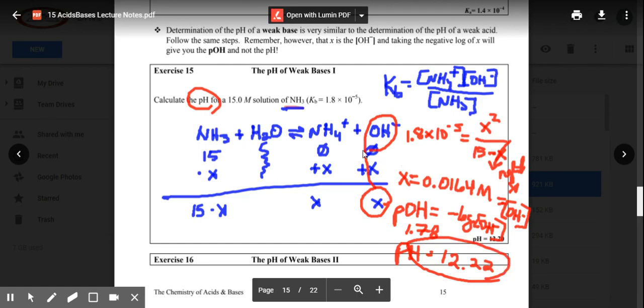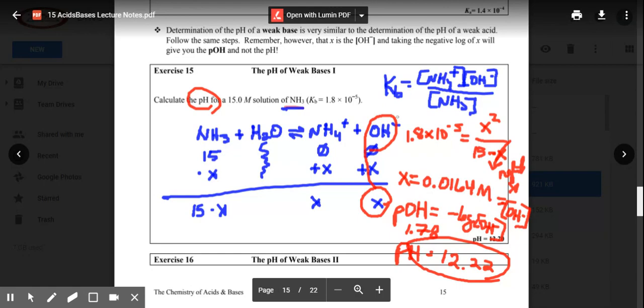And that is the pH of our weak base if it's 15 molar NH3. So that's how we figure out the pH of weak bases. We just have to do an extra step because it's OHs we're dealing with, so we have to find a pOH first.